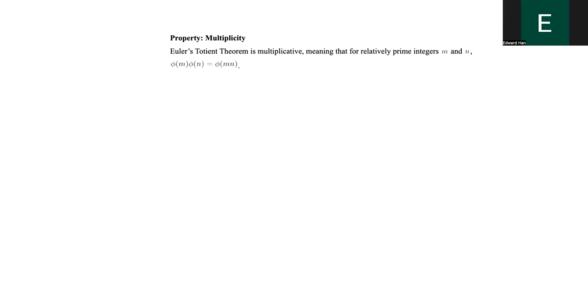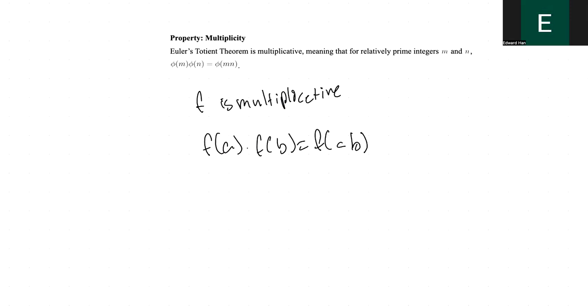It states that if a function f is multiplicative, then you can get f(a) times f(b) equals f(ab) if GCD of a and b equals 1. And there's quite a lot of properties of this.